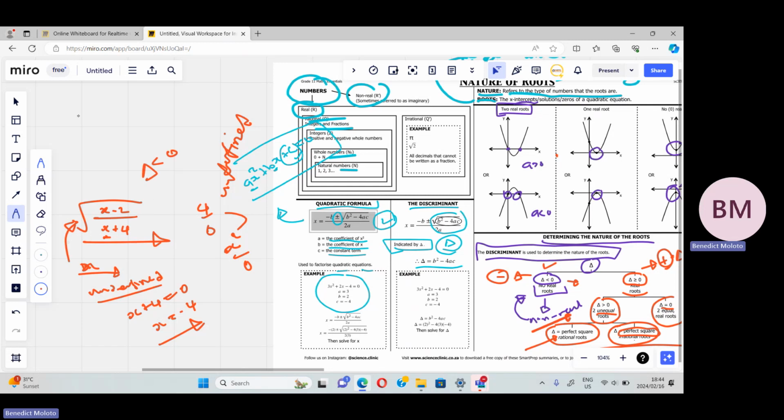Because in the quadratic formula, here is our delta, b squared minus 4ac, divided by 2a. If this part is negative and is inside a root, that means it's non-real. That's why this gives you a non-real number, or no real roots.